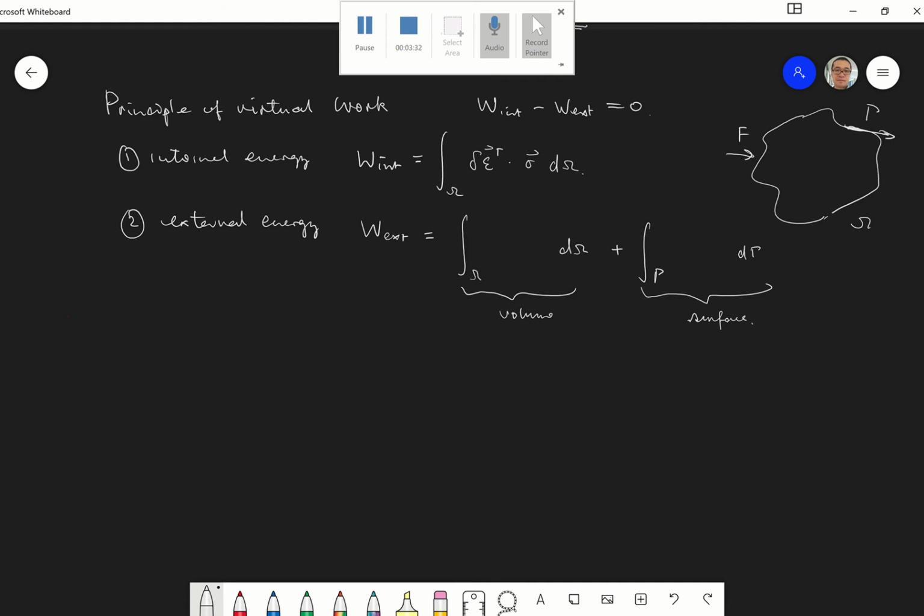Now let's say for the volume, we will have some sort of deformation. In this case, they are both written as delta u, right? And then we will have b, the volume force, and a surface force that is t.